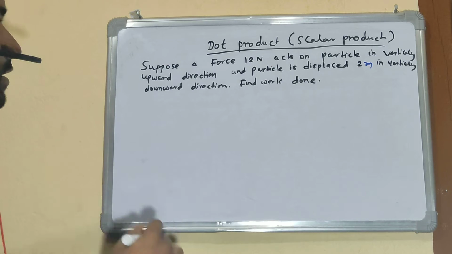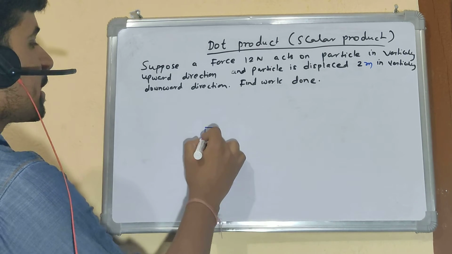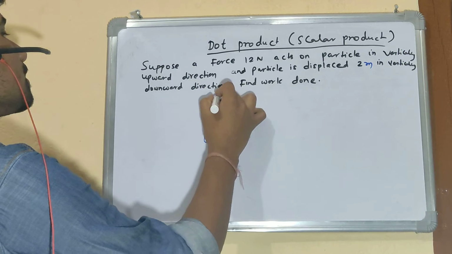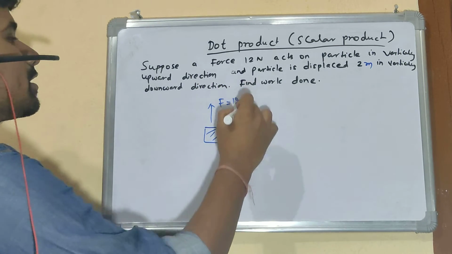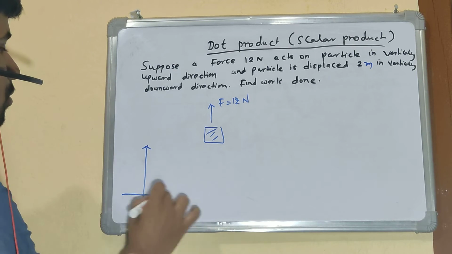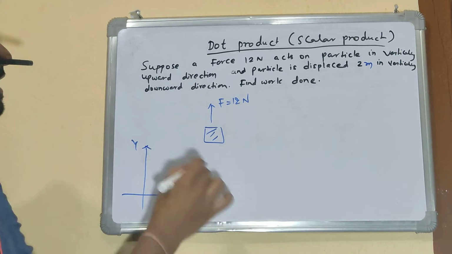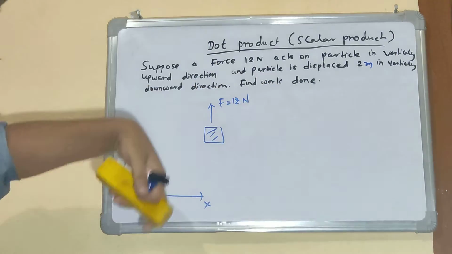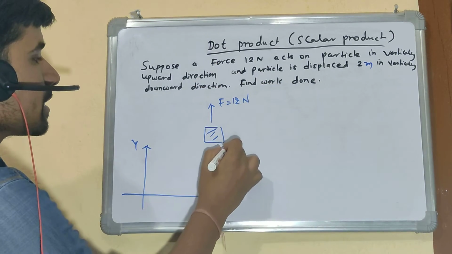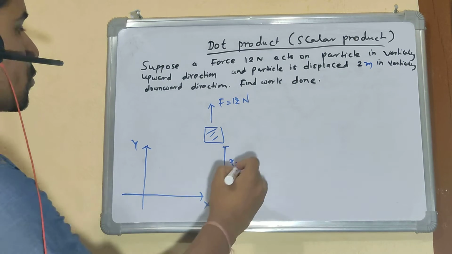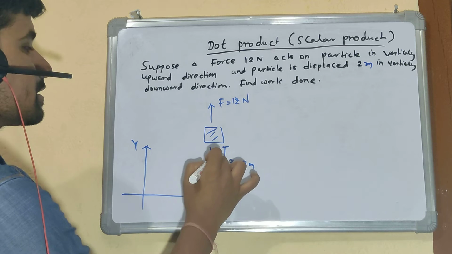Let's understand the question, right? Let's say there is a particle. Force acting is vertically upwards. Force is 12 Newton. It is acting vertically upwards, right? Let's consider this as the coordinate system xy. So force is acting in the positive y-axis, right? But displacement is vertically downwards. So this is 2 meters and it is in this direction, right?